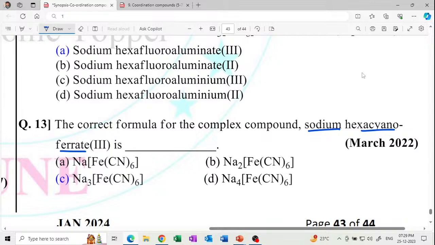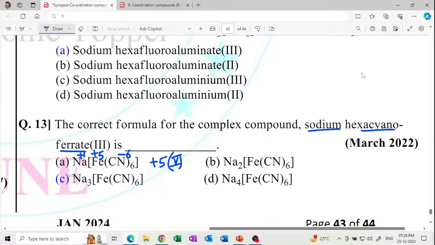sodium hexacyanoferrate(III). It has hexacyano, so every option contains the hexacyano, and then the sodium. The oxidation state is very important. If you calculate the oxidation state, we'll get the answer. Sodium is +1, cyanide is -6, so Fe is +5. In option A, Fe is +5, which would be Roman 5.